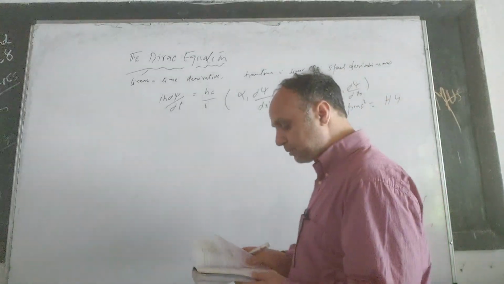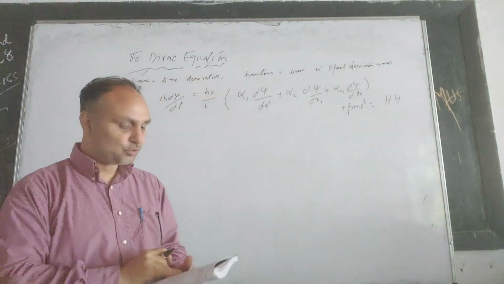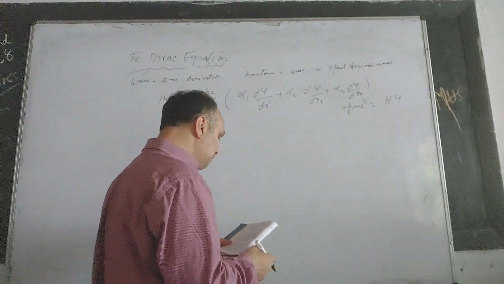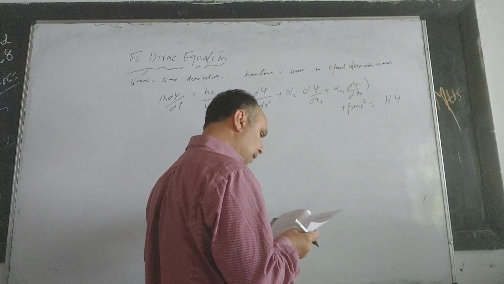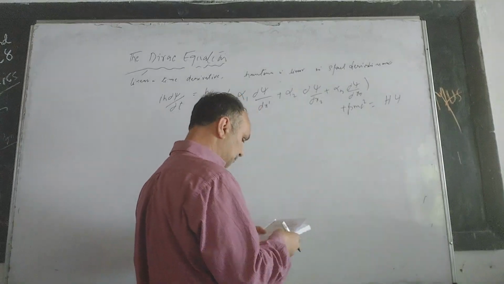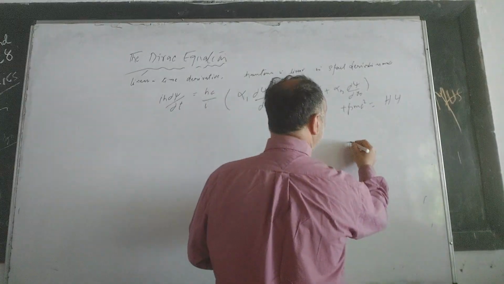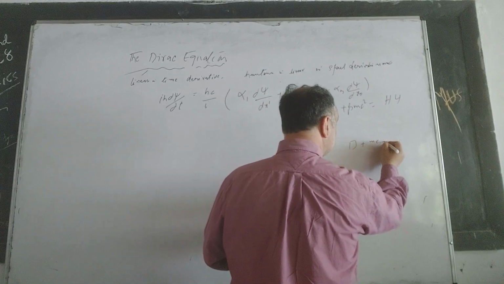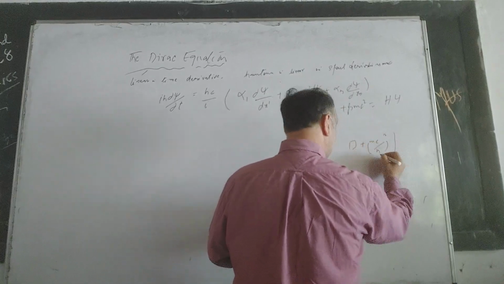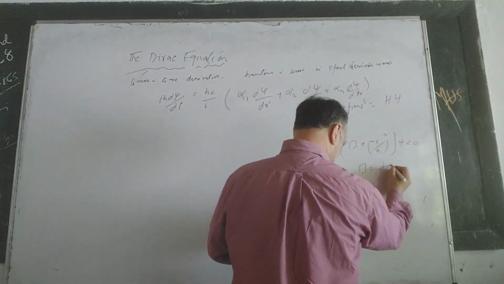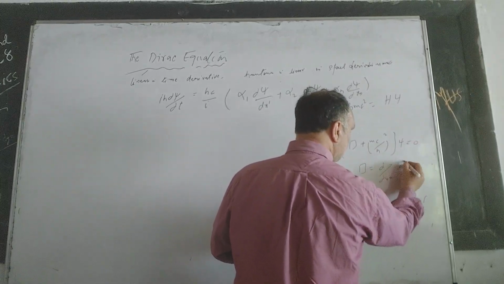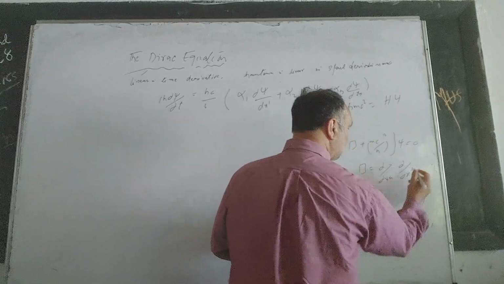If we remember, in the previous class, at the end where we arrived, our equation's form came out to be of this form. It was psi is equal to 0, where this is d by dx of x mu, d by dx of x nu.